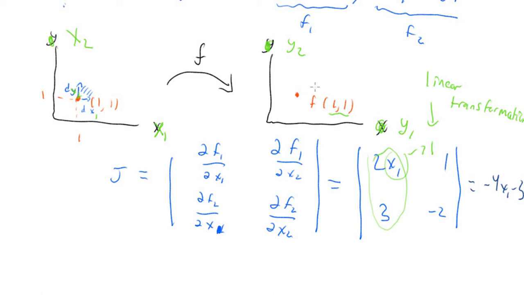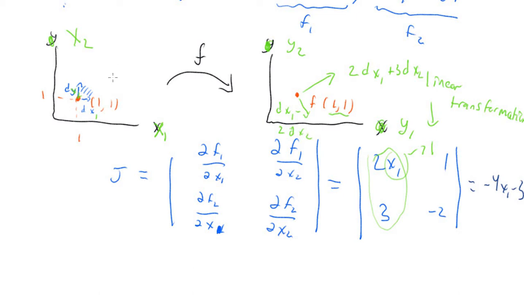This is going to be 2 dx1 plus 3 dx2. And where does the other one go? This is going to go to dx1 minus 2 dx2.